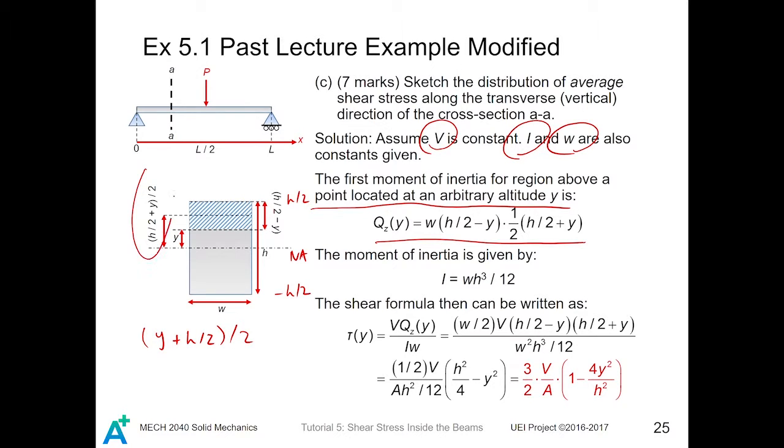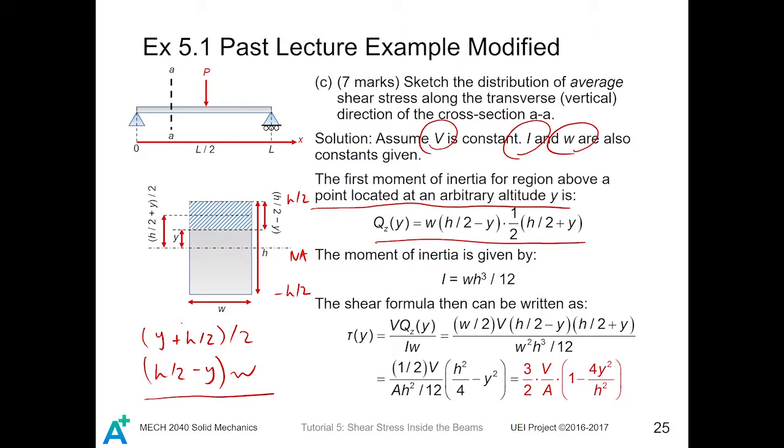So it is written here. The height of the shaded cross-section is given by h divided by 2 minus y. It also has a width of w, which means the area of the shaded region is given by h divided by 2 minus y times w.